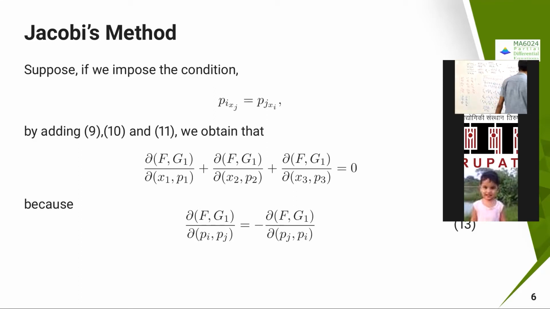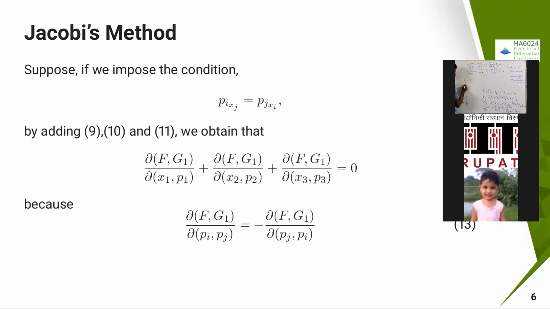Now I'm going to assume that pi xj is equal to pj xi.